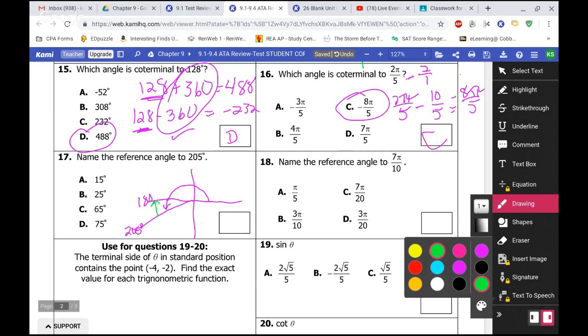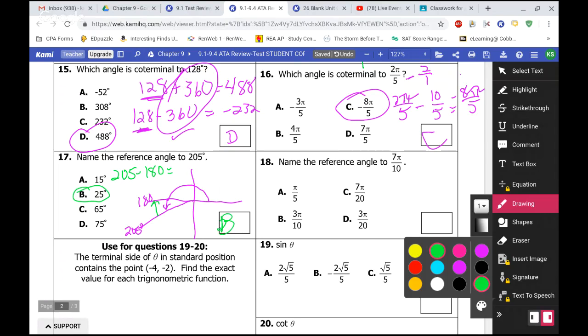So it's going to be this right here, that little green arrow measure. And that green arrow measure is 205 minus 180. The reference angle is always positive, always acute. So my answer is 25. Or B.